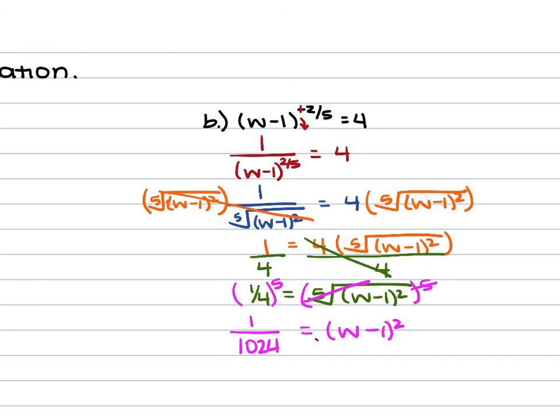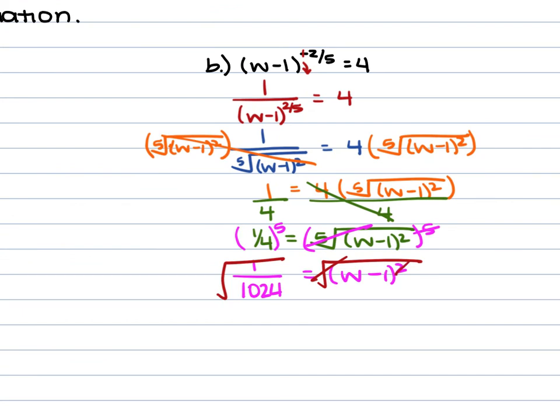From here, we just take the square root of both sides. That cancels out our power with that (w - 1), so we just have w - 1 is equal to the square root of 1, which is 1, over the square root of 1024, which is 32. We took the square root of both sides, so our plus or minus goes in front of that 1 over 32.